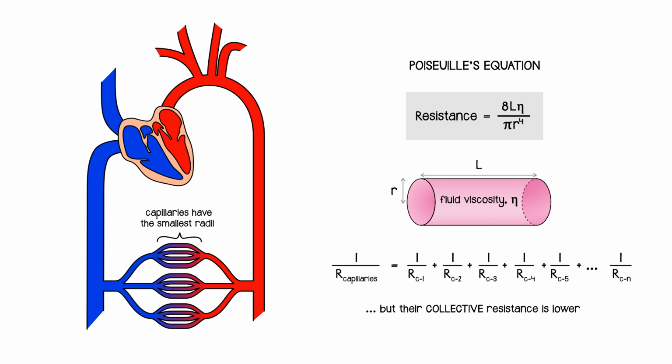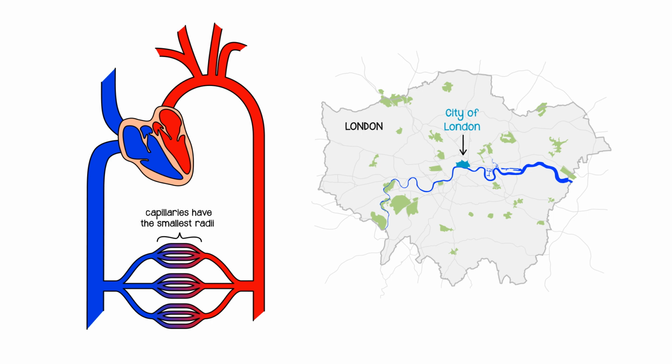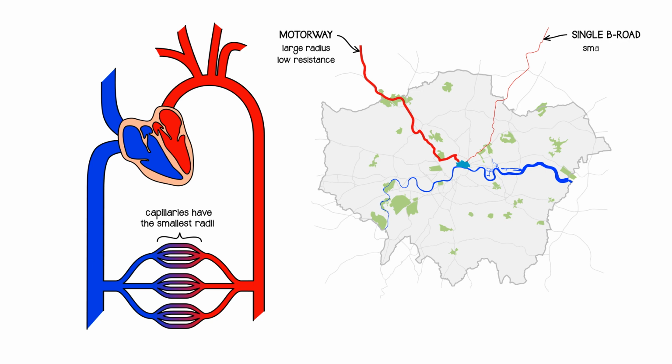You can think of this, I suppose, as thinking about the roads that are running into a town. Now, a motorway runs into the town, and that has a wide radius. It's low resistance, which means that it's very easy for the cars to get down it. If you think about a B road, it is very narrow.